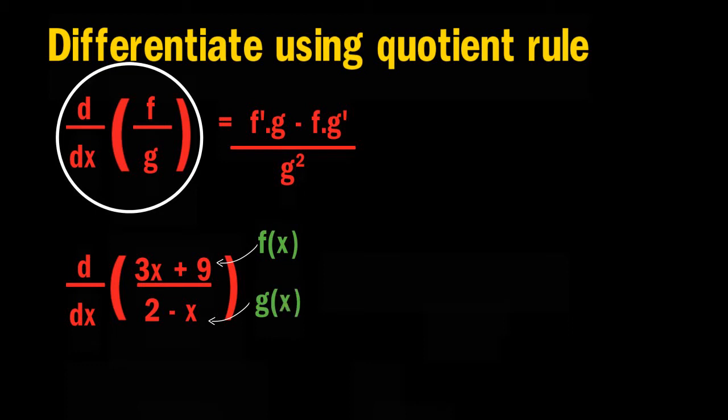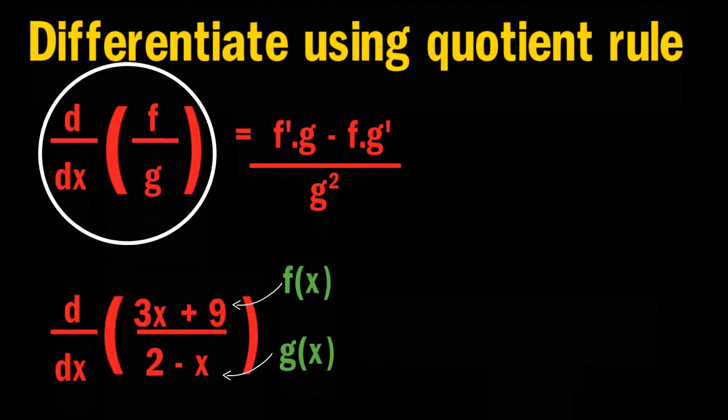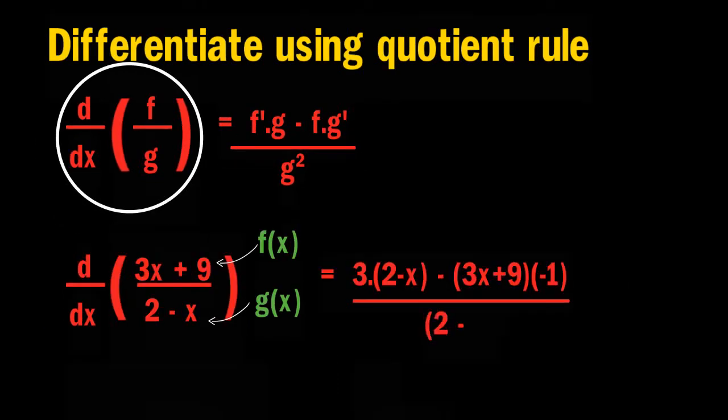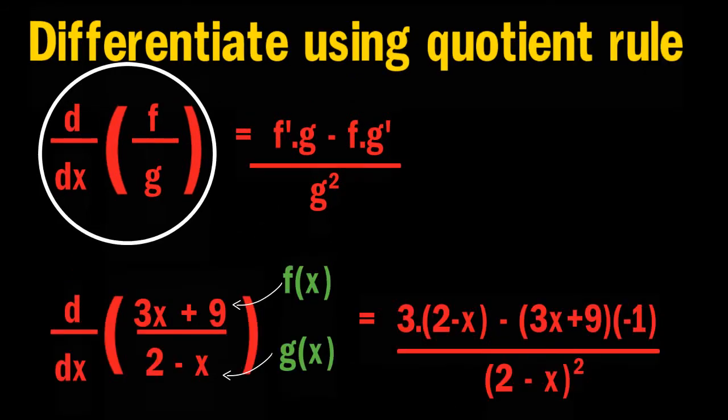So when we differentiate function f, we get 3 multiplied with function g, 2 minus x, minus function f, which is 3x plus 9, multiply with, you differentiate function g, you get negative 1, and over square of function g, which is 2 minus x square.